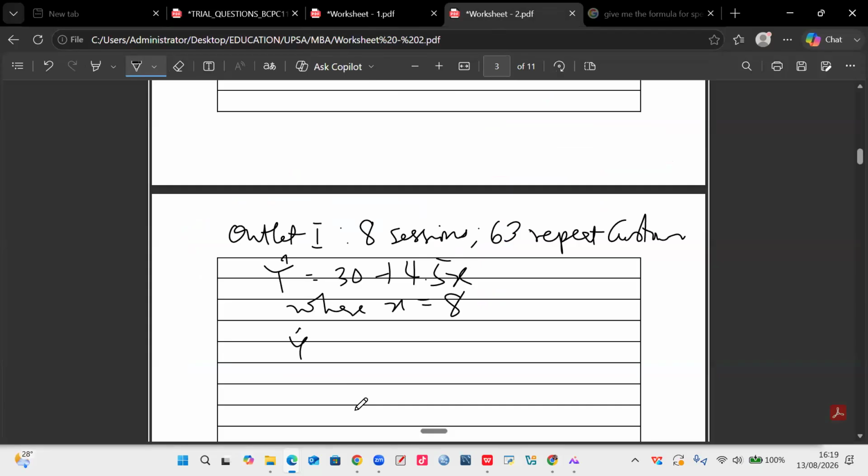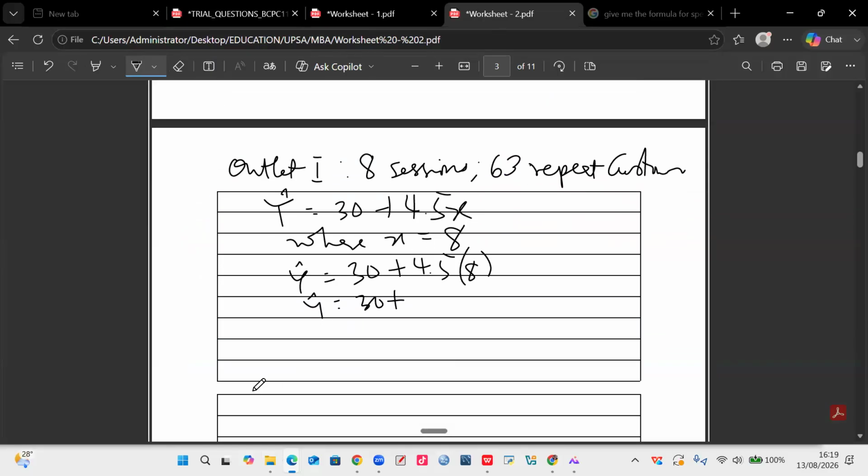Y hat equals 30 plus 4.5 times 8, which is 36. So total, what do we have?